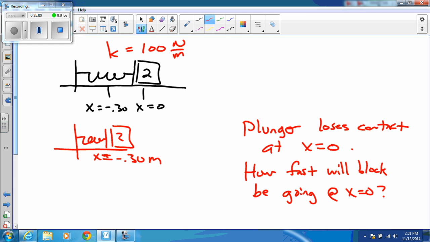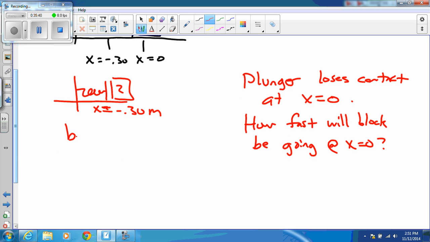The block is going to go faster than the spring after that point, because the spring is now being pulled back by its own spring force, whereas the block will not be. Right, the spring begins to slow down after it passes the 0 point. It's at its max speed there. And since the block is on a frictionless surface, it's useful.